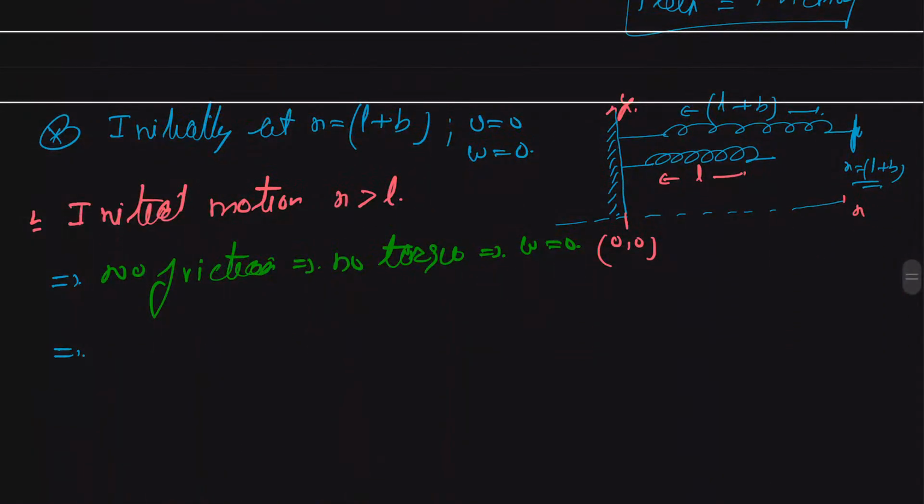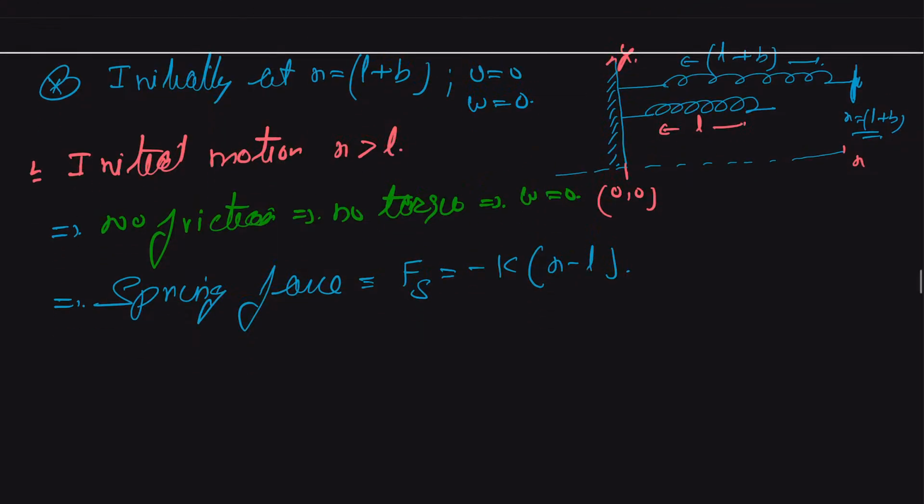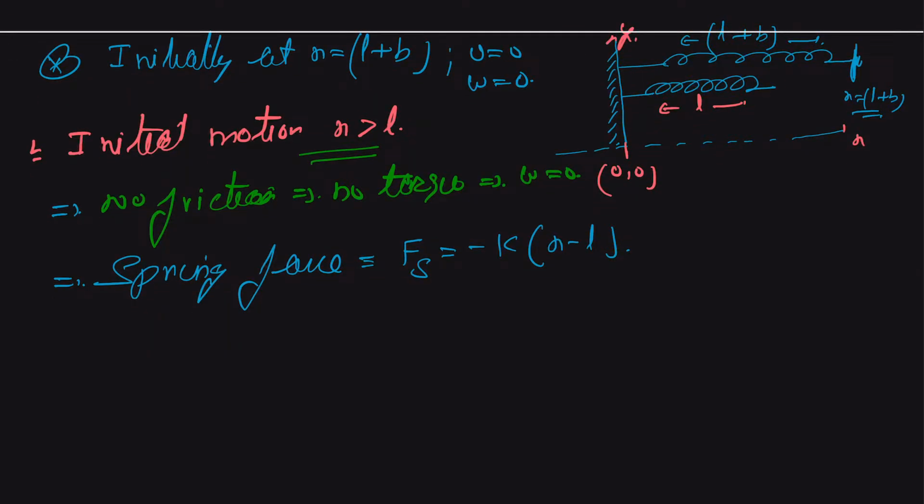Let me write it here: Fs will be equal to minus K times x minus L. Therefore, for the motion x greater than L, we can write the equation of this motion.